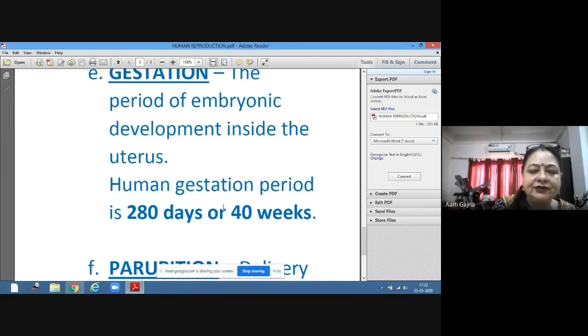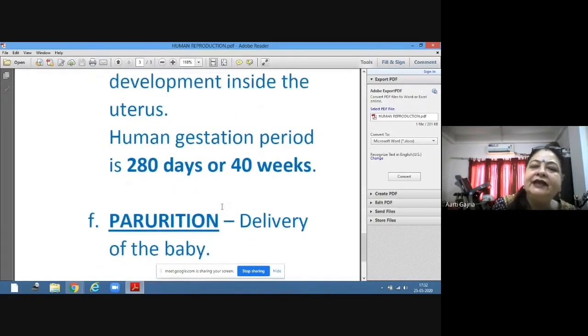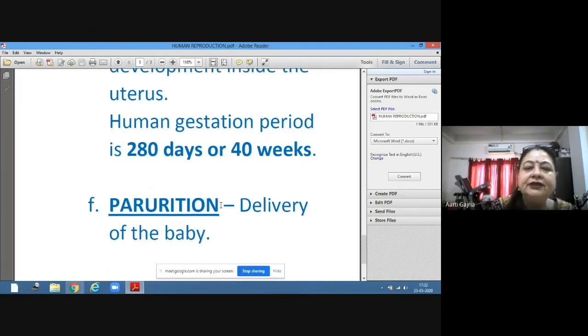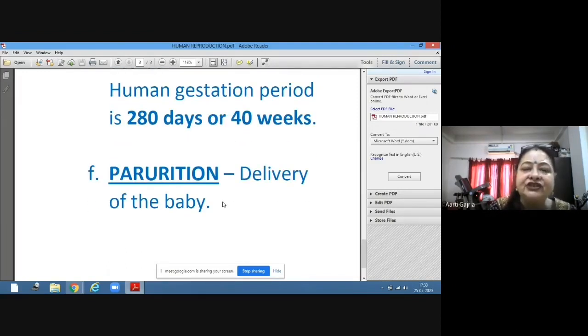And once this is over, the fetus is ready. It has attained the basic structure, because when the baby is delivered, it has all the basic structures: two eyes, two hands, two legs, one nose, two ears, everything is there, only the body is small. After that development inside the uterus, there are strong contractions in the walls of the uterus, and that results in labor pain.